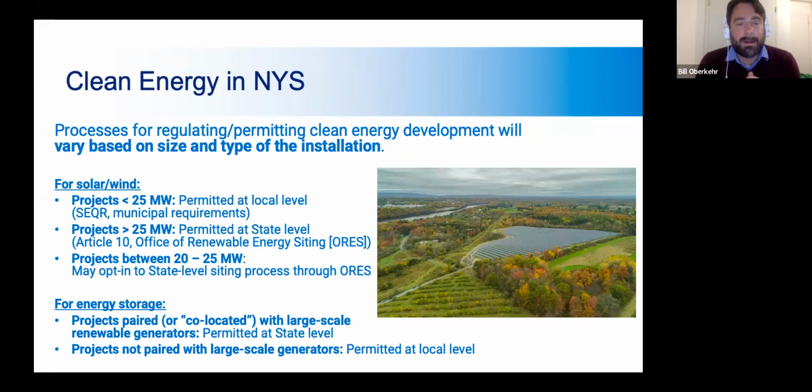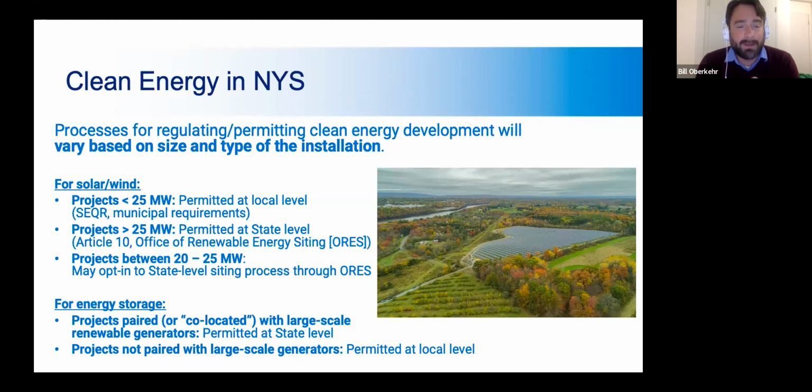All right, we've got different processes for permitting clean energy development based on the size and type of the installation. For solar and wind projects of less than 25 megawatts, those are going to be permitted at the local level through SEQR, State Environmental Quality Review, and municipal requirements like your local zoning law, your comprehensive plan to the extent that it governs solar development.